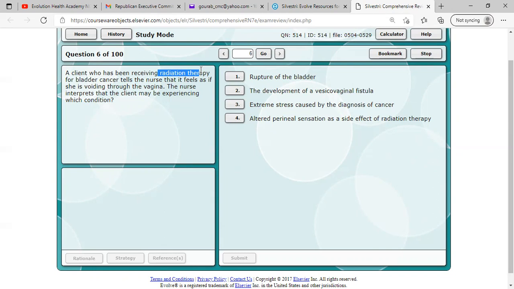So in radiation therapy we use ionizing radiation for the treatment of cancer or to control malignant cells.